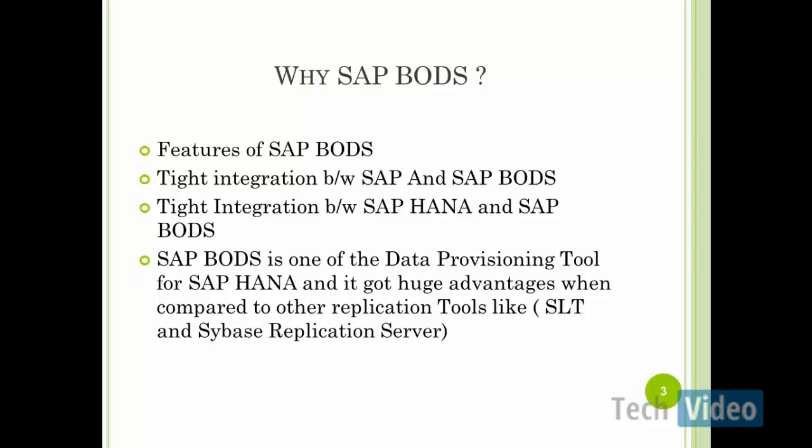If you take any ETL tool other than SAP BODS, you have to struggle a lot as a developer to implement slowly changing dimension 2. But BODS has inbuilt transformations. Simply map it and load it, and it will automatically give you slowly changing dimension 2.